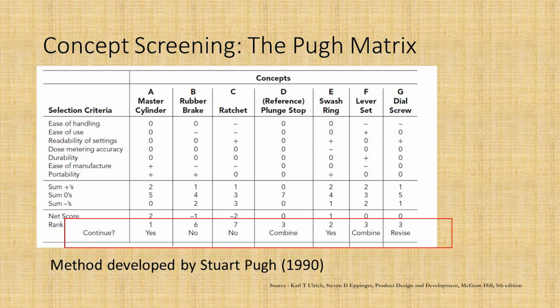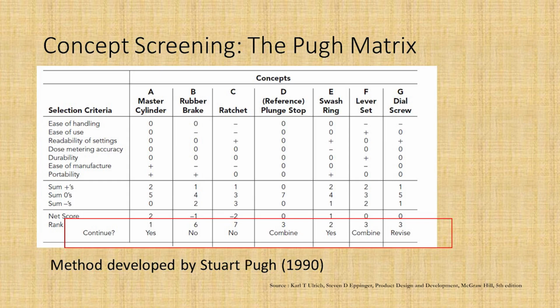Okay. So, 2 into 1 is 2, 5 into 0 is 0. So, 2 plus 0 is 2. Okay. This one here, 1 into 1 is 1, 4 into 0 is 0, 2 into minus 1 is minus 2. So, 1 minus 2 gives you minus 1. So, net score for each one of these concepts. Okay.